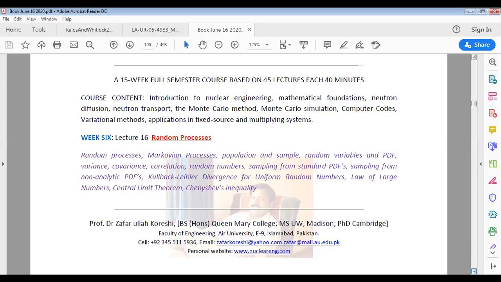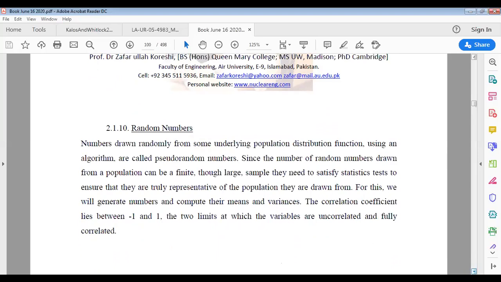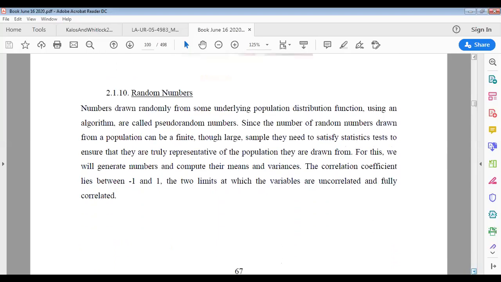Okay, so let's begin formally. Let's come to random numbers. Now, random numbers are random, so that they do not follow any algorithm. So since we cannot produce random numbers which do not follow any algorithm, what we study are not really random numbers, but they are pseudo-random numbers.